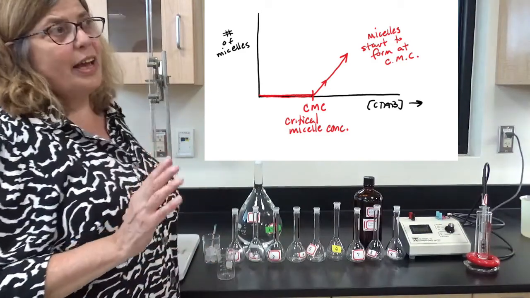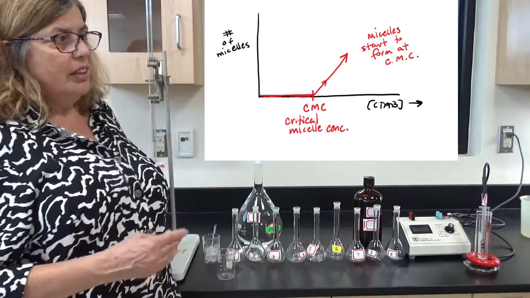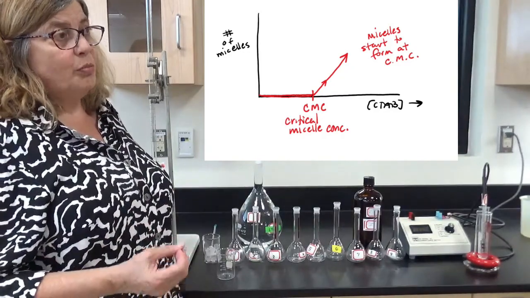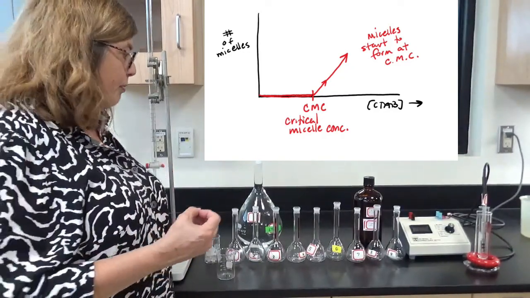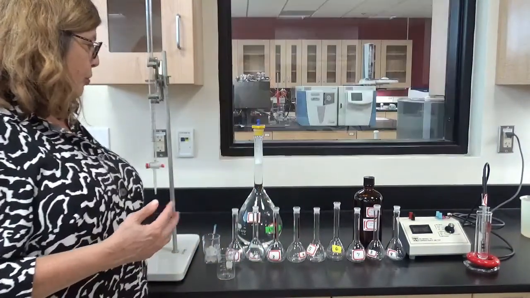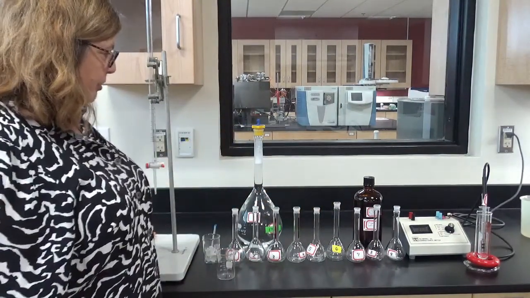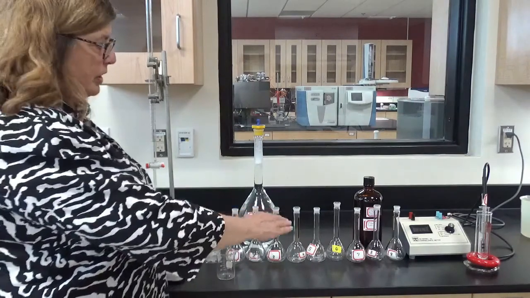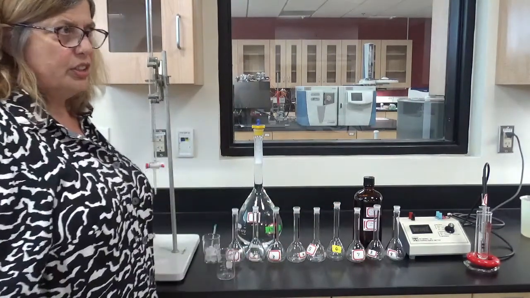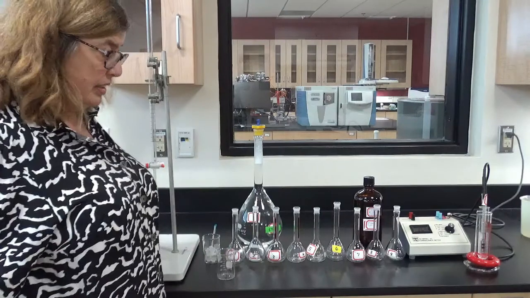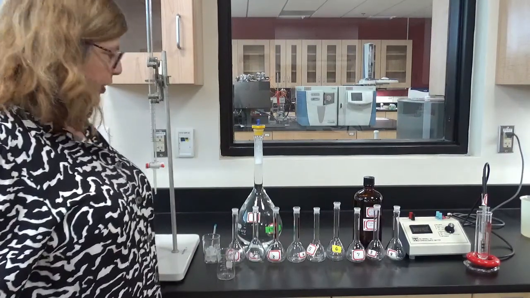But anyway, in this lab, what we're going to do is figure out the concentration at which these monomers start to form micelles. So we're going to make 9 different solutions. Like I said, this is my stock solution. And we're going to start with much more dilute ones, and then we're going to get to stronger concentrations of the CTAB.